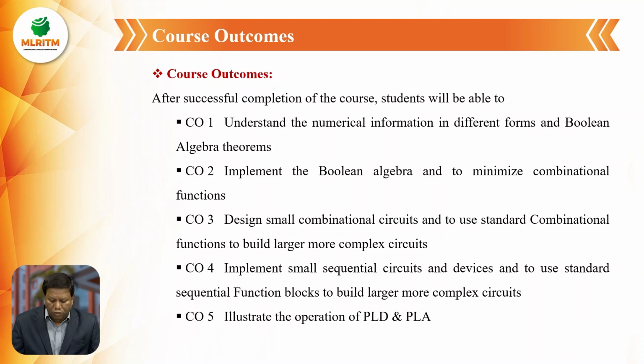CO3, design small combinational circuits and use standard combinational functions to build larger, more complex circuits. CO4, implement small sequential circuits and devices, and use standard sequential function blocks to build larger, more complex circuits. CO5, illustrate the operation of programmable logic devices and programmable logic arrays.